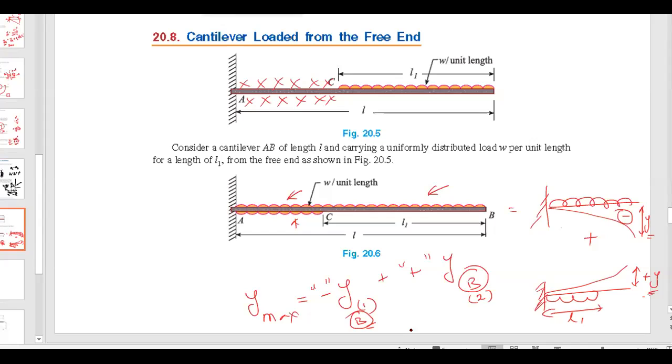So while adding these two, because the load is acting from the bottom upwards, the beam deflects like this, upwards. So it will be a positive deflection. So I can find the deflection when a UDL is acting in between the two lengths. So with this, I am closing this section, Amma.